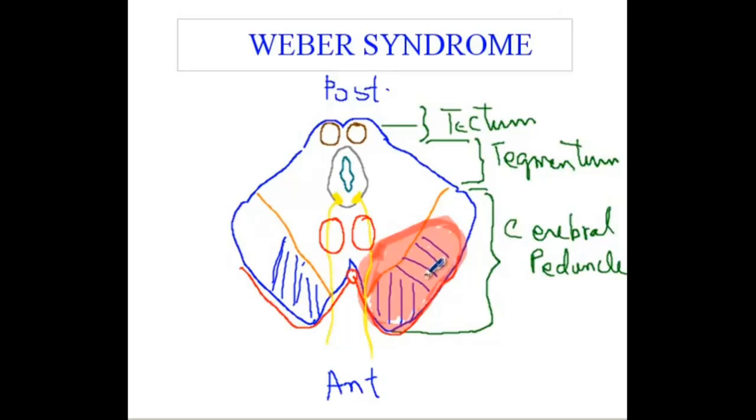Number two, you have the corticospinal tracts involved, here in this area. It will give you contralateral hemiparesis, including the lower half of the face. So the patient has an ipsilateral third nerve palsy and a contralateral weakness of the face, arm and leg.